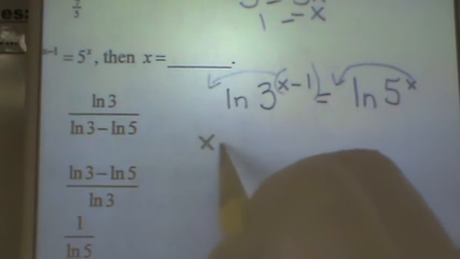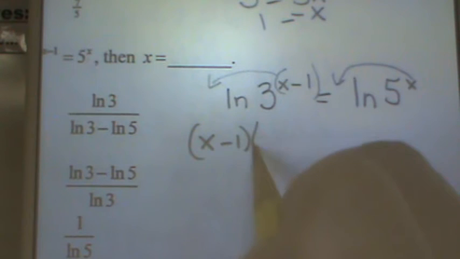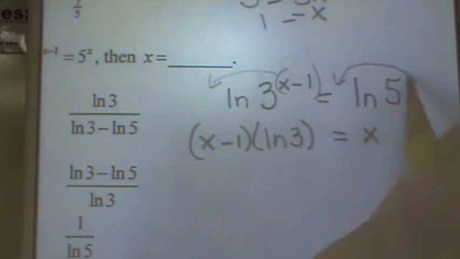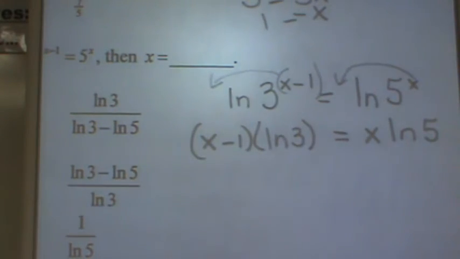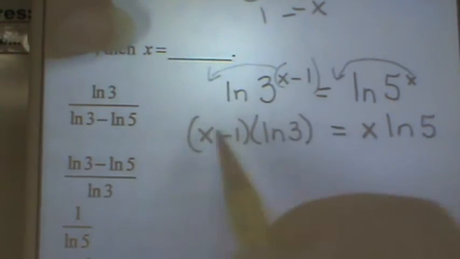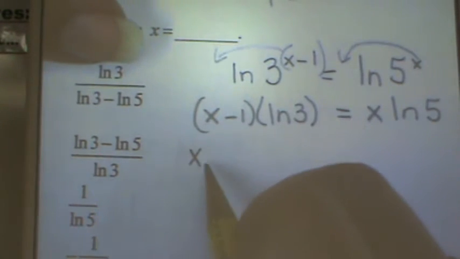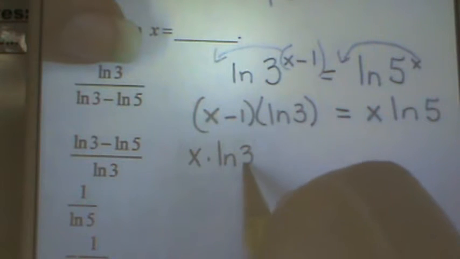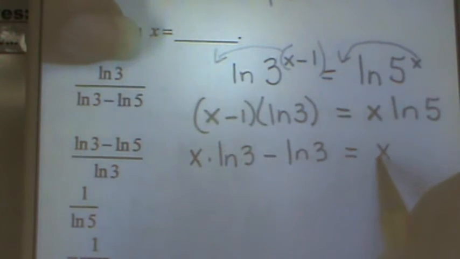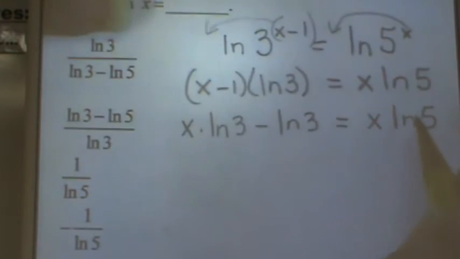So you have x minus 1 times ln 3 equals x times ln 5. Now we want to get x by itself. So if you were to distribute, it's x times ln 3 minus ln 3 equals x ln 5.